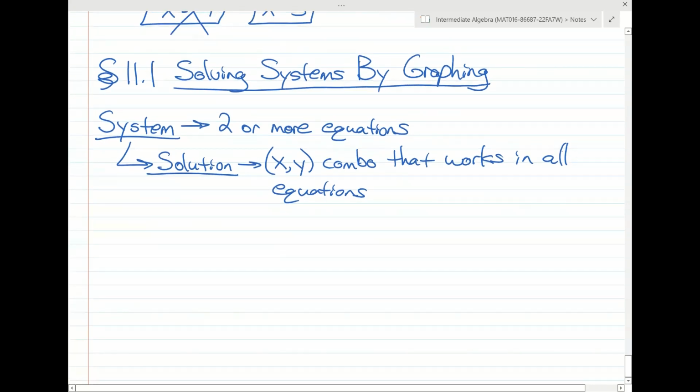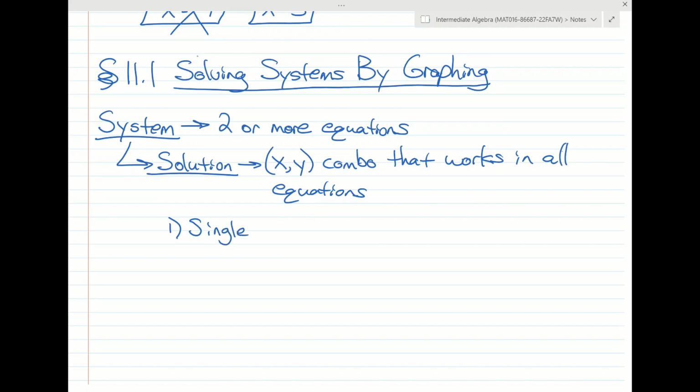There's actually three types of solutions for these, and then I'll show you some examples. The first type of solution is if it's just a single point, and the answer would just be where they cross.